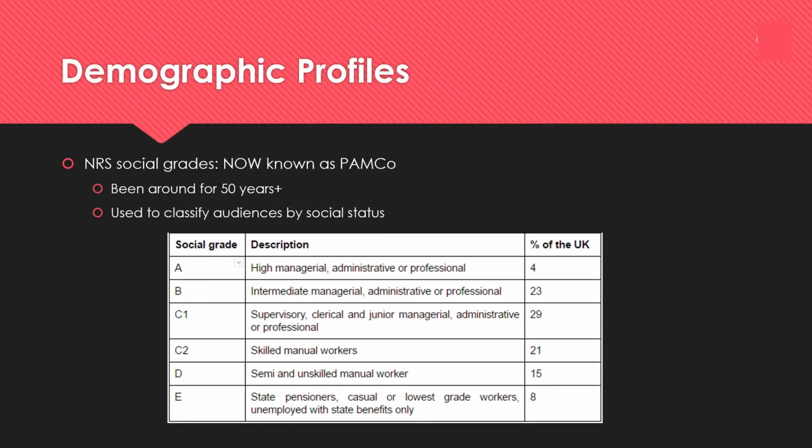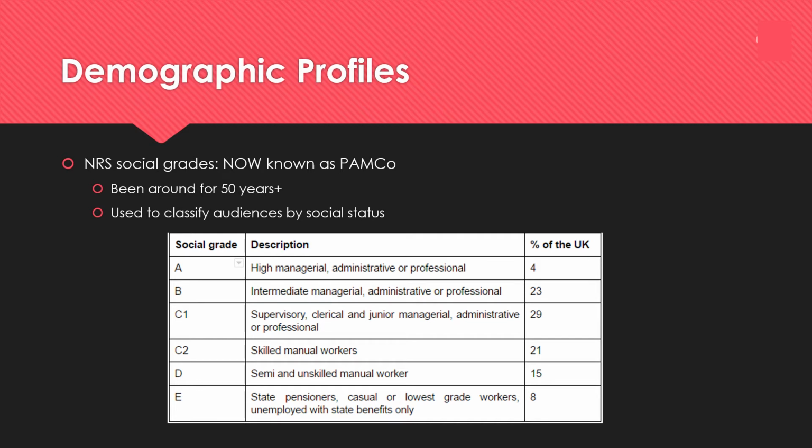When it comes to demographic profiles, there's something called social grades or social classes, and these are basically used to classify audience into a particular social class. There are 6 different categories: A, B, C1, C2, D, and E. And what they usually do is split it into half, just to make it a little bit more simplified. So you can have ABC1 and C2DE.